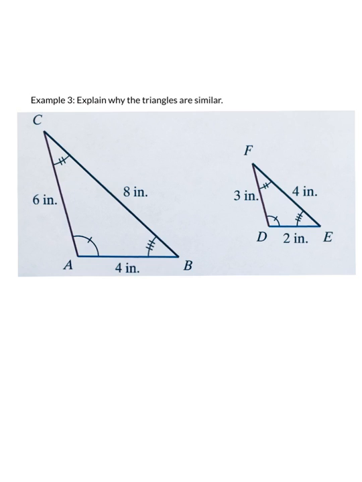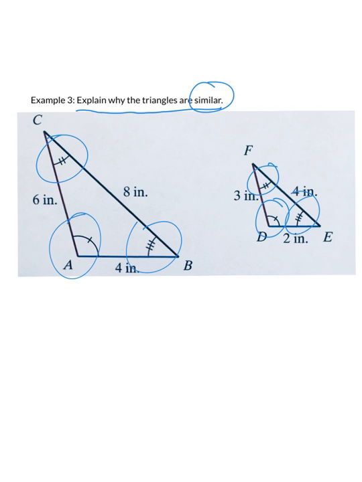Example 3 says explain why the triangles are similar. So similar triangles are when all 3 angles are equal in measure. In other words, all 3 angles of the larger triangle are the same exact measurement as all 3 angles of the smaller triangle.